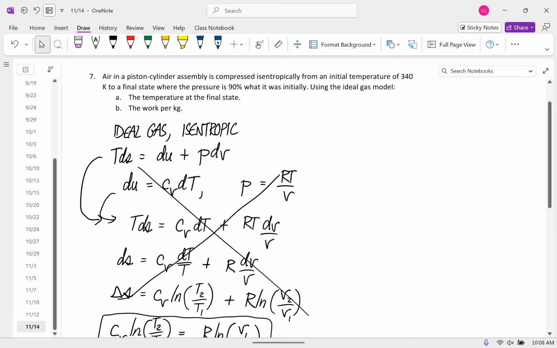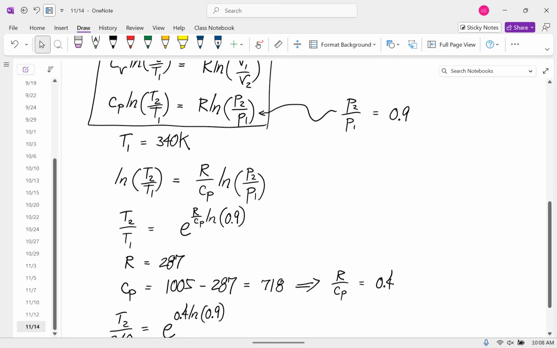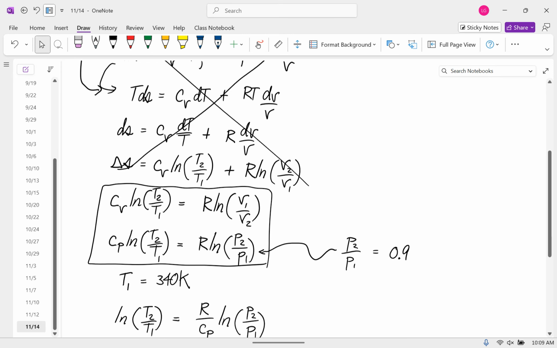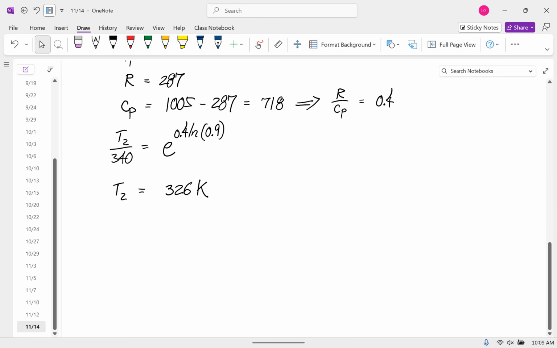Okay, and now we have to calculate the work per kilogram. It's isentropic, which means there's no heat transfer. So we have that the change in internal energy is equal to Q minus W. Q goes away.